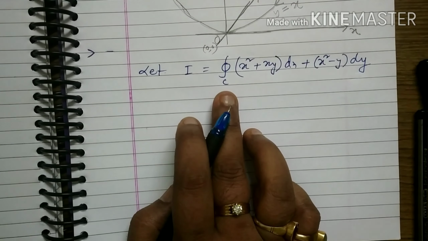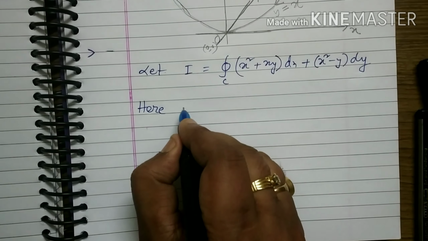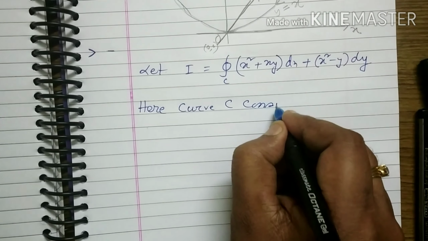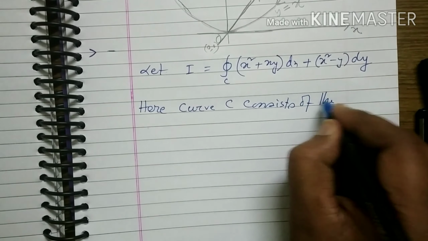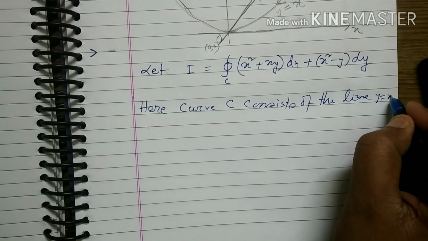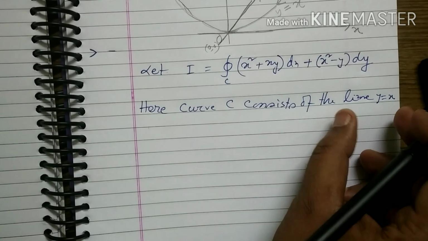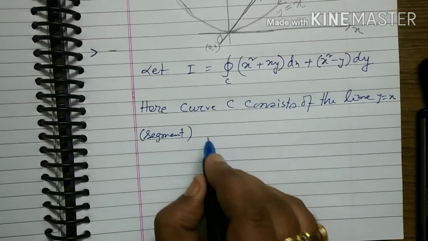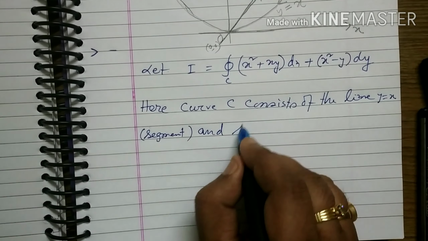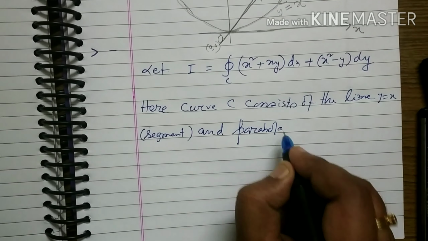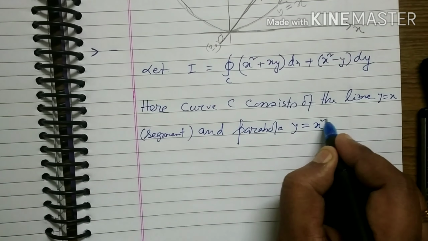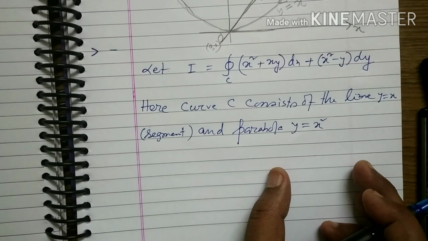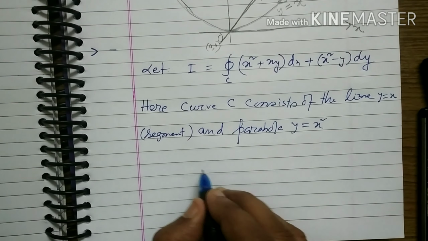You have to jot down the information about C. Curve C consists of the line y equals x, that is the segment part, only this portion, and the parabola y equals x square. This also is a part. This and that.